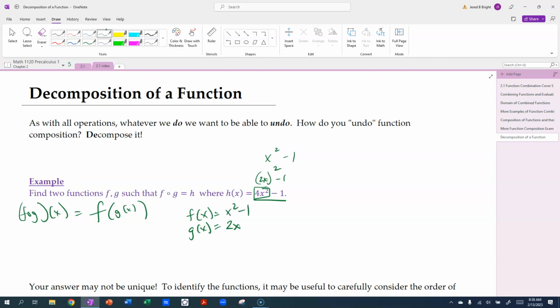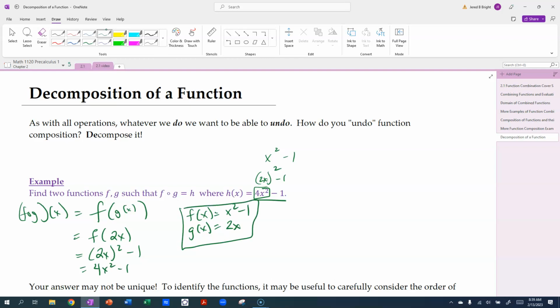So f of x is x squared minus 1. Now, this is my answer. And if I wanted to check, I could literally do the composition. So f of 2x is 2x all squared minus 1, and distribute the square to both things: 4x squared minus 1. It ends up working.